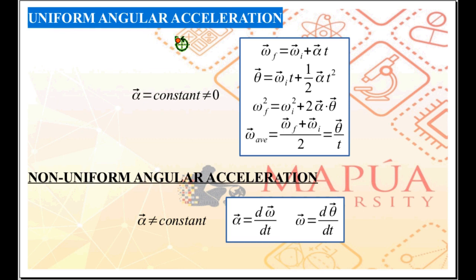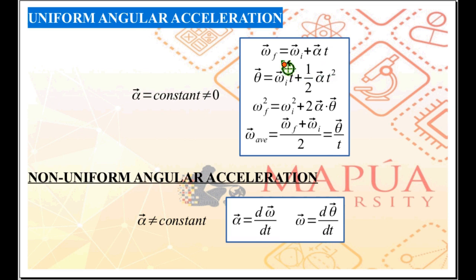And for uniform angular acceleration, you have four equations to choose from, by which you may analyze the situation or problem. You have final angular velocity, omega f, is equal to initial angular velocity, omega i, plus angular acceleration alpha times time t.